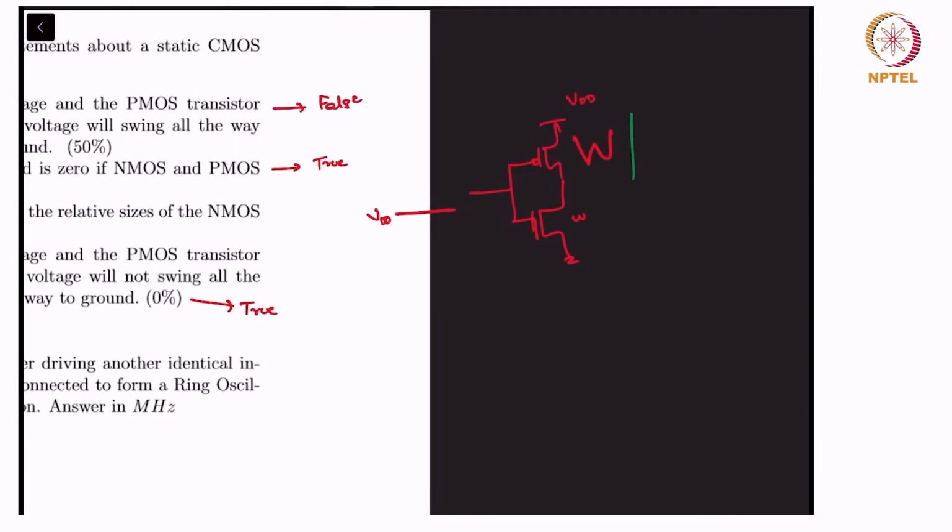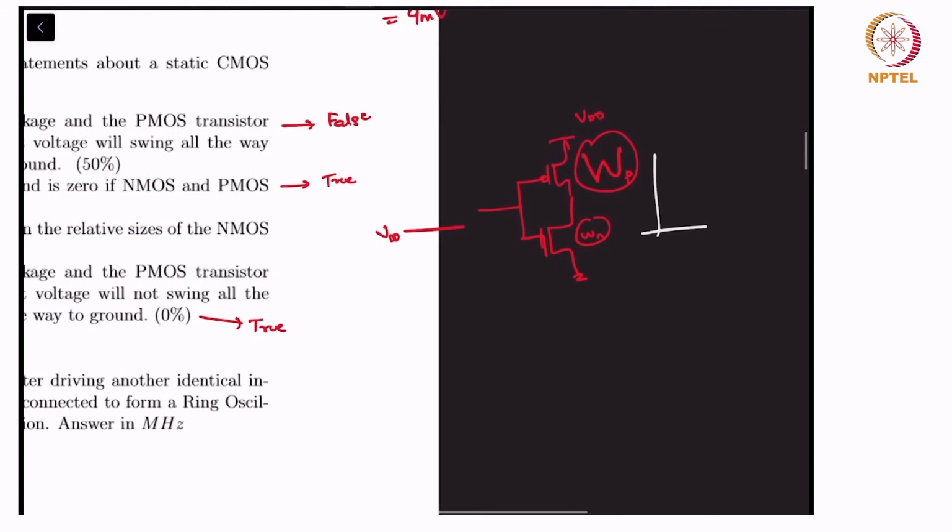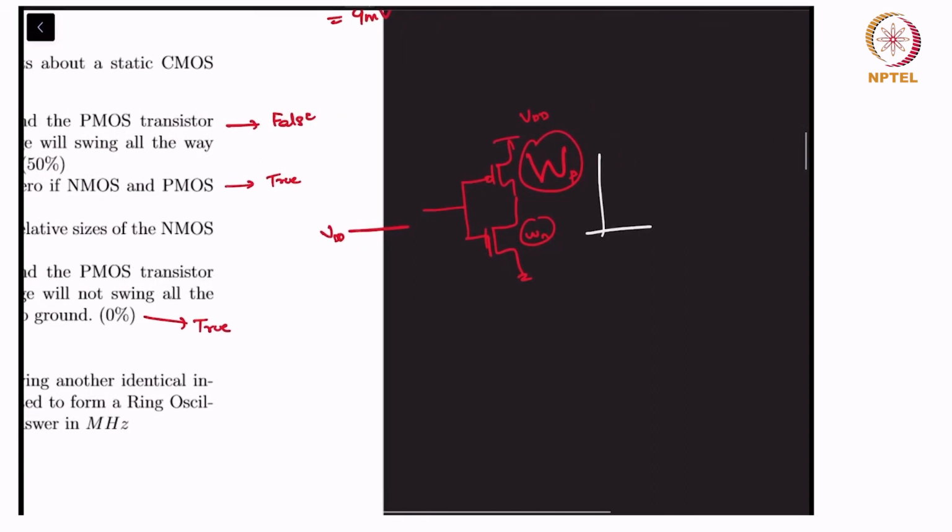Both these guys will fight, and the voltage that they'll resolve to between 0 and VDD will depend on the strengths of WP and WN.